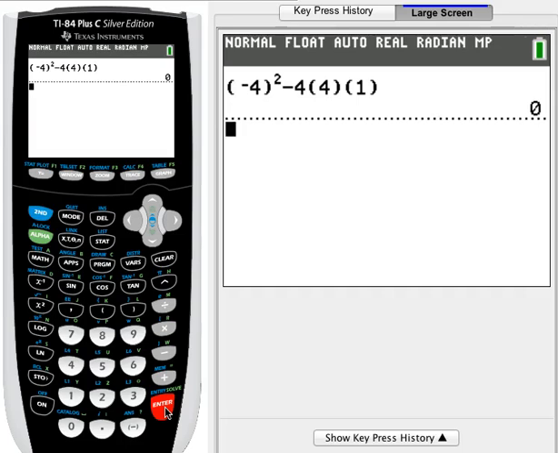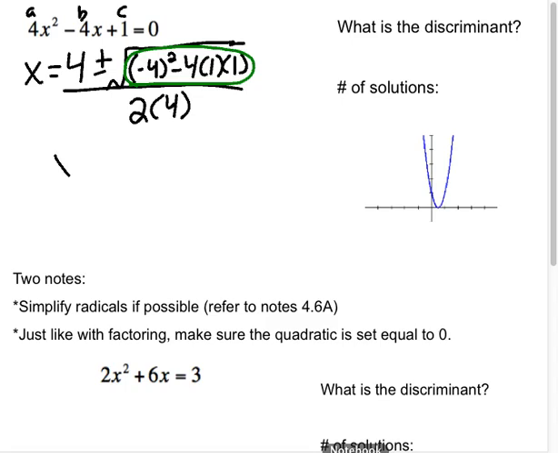Well, that's unique. Let's see what's going to play out because of that 0. Plus or minus the square root. We just got a 0 there, and that 0 is the discriminant, all over 2 times 4, which is 8.